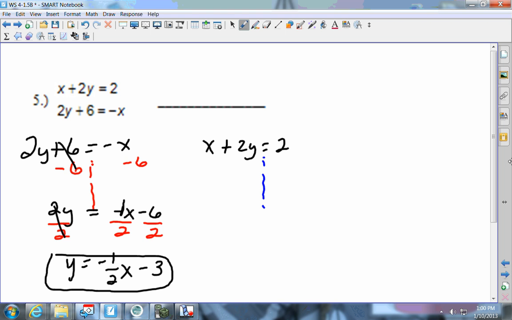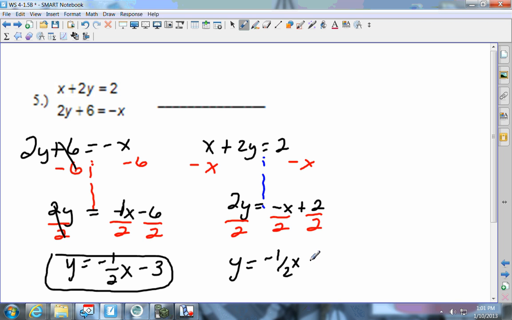I'm going to subtract x from each side. You get 2y equals negative x plus 2. I'm going to divide by 2. Y equals negative 1/2 x plus 1.